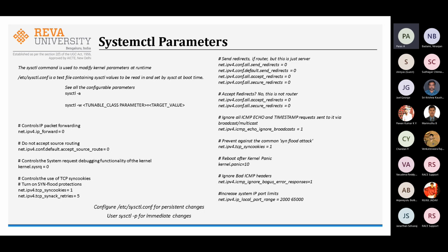The moment I make changes, they stay in the memory or the RAM. Whenever we add those entries to sysctl.conf, my changes would be persistent across my reboots as well.